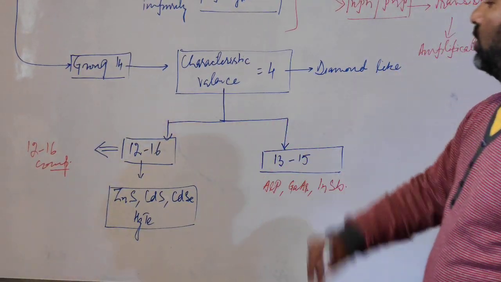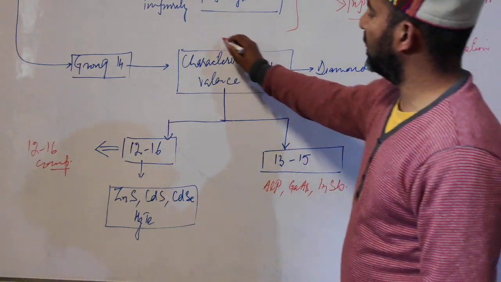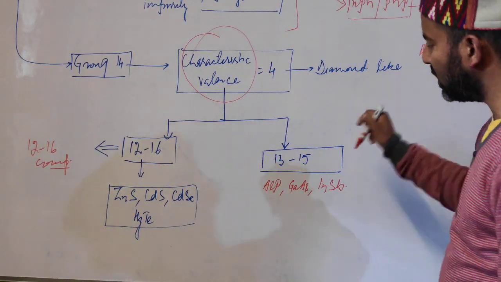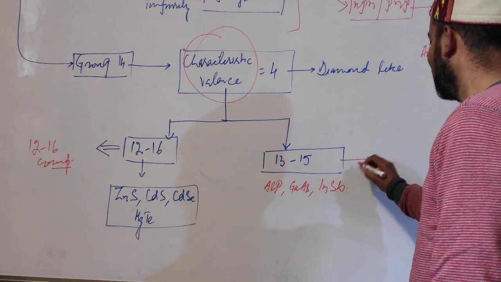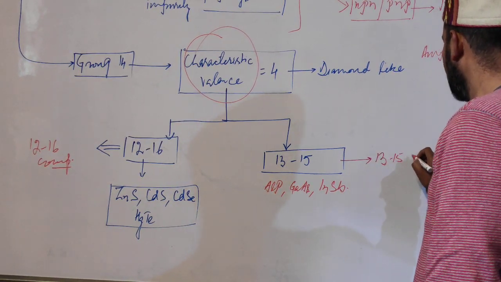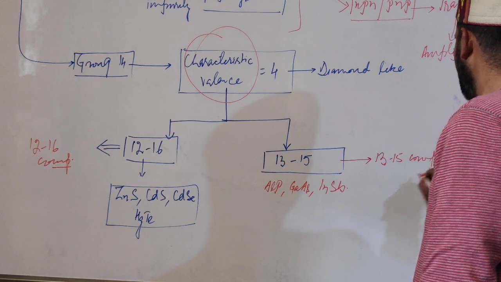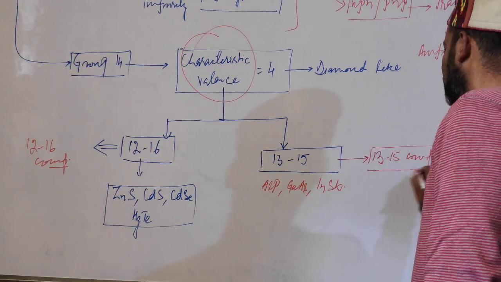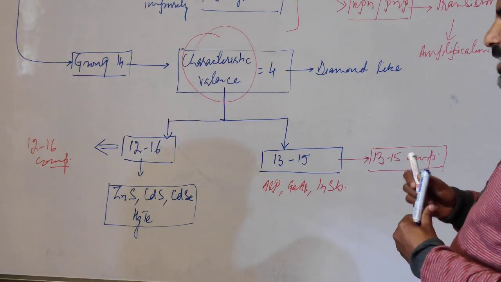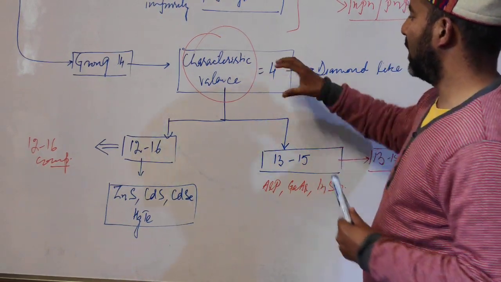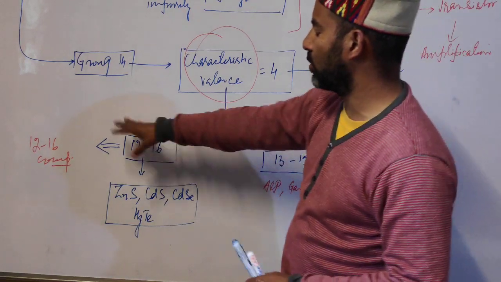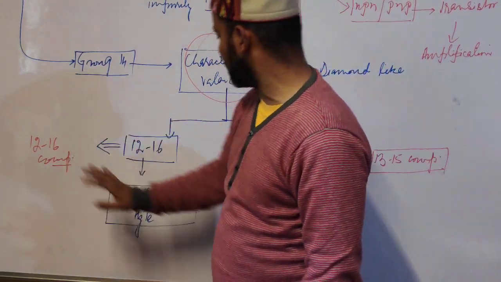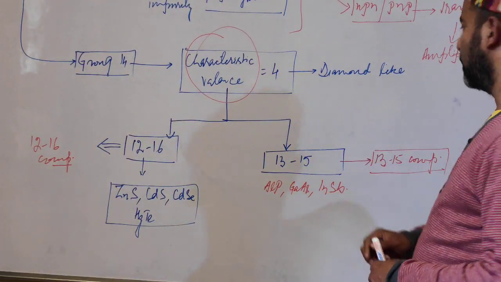These are also used as semiconductors, and they are called 13-15 compounds. So the summary is that a characteristic valence of 4 can be obtained from these materials also: the 12-16 and the 13-15 compounds.